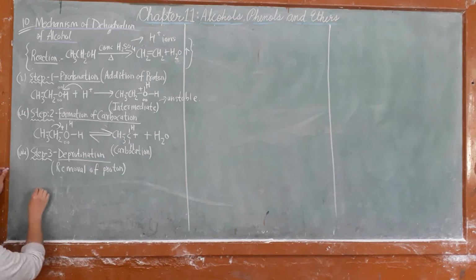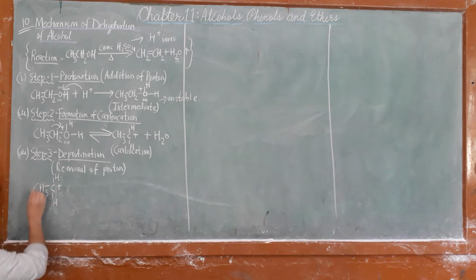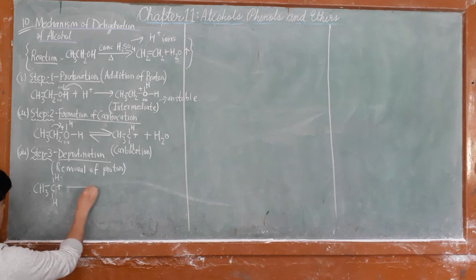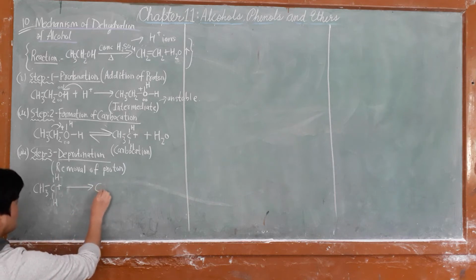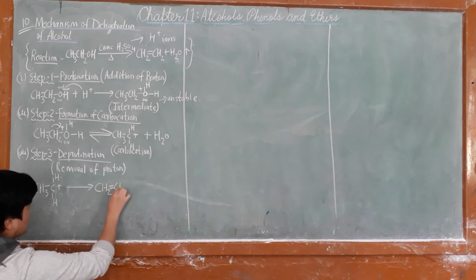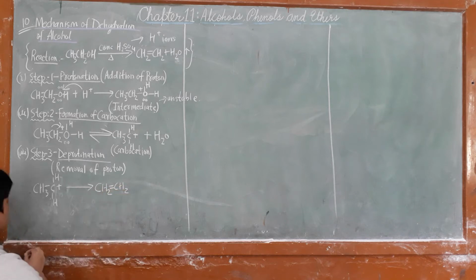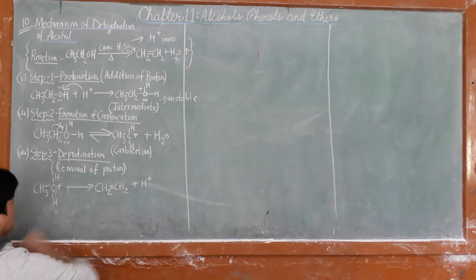Now the carbocation that you got in the second step, that is CH3 CH with positive charge, will react further. And this will release CH2 double bond CH2, your main product, and H plus will be released.